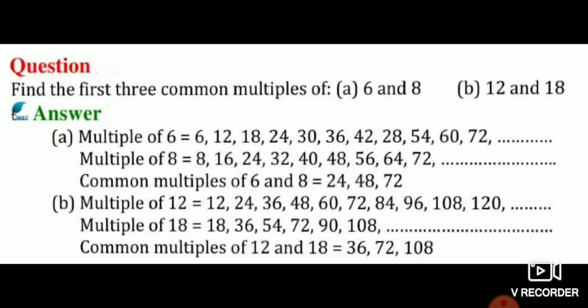Therefore, the common multiples of 12 and 18 are 36, 72 and 108.